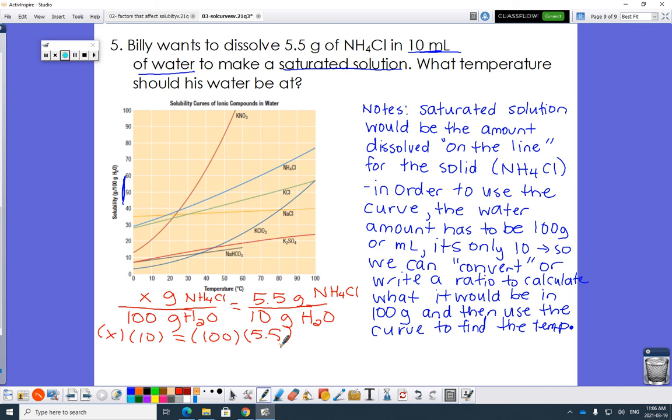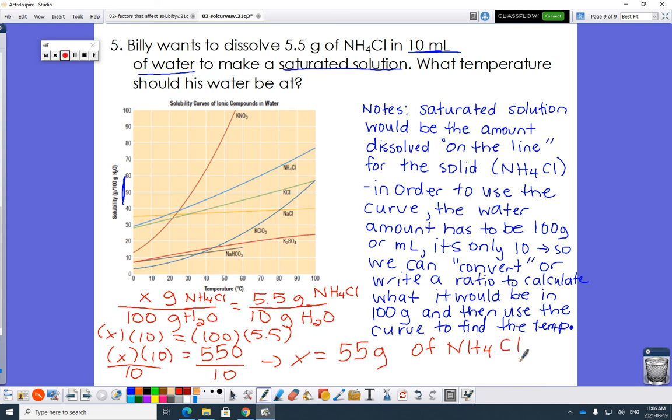Again, you can see that this is 2 zeros, so that's going to be 2 decimal places. Maybe you mathematically think of it like that, which is totally fine. You get 550, but we have to divide by 10 to isolate x. Sorry that I'm squishing. You guys don't have to squish. So you get 55 grams of NH4Cl. Don't do the hard work and then forget to find the temperature, because really that's the straightforward part.